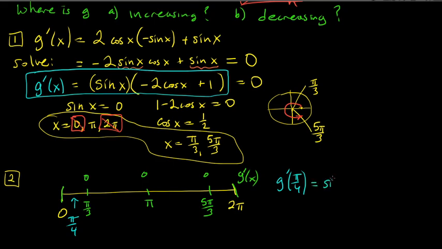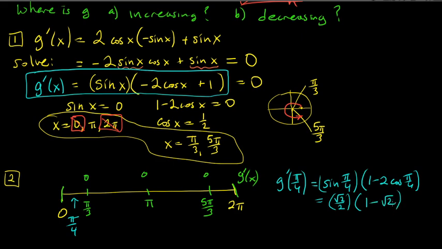So let's see, what do we get? We get sine of pi over 4 times 1 minus 2 times the cosine of pi over 4. We know sine of pi over 4 is positive, just square root of 2 over 2. Cosine of pi over 4 is also square root of 2 over 2. But then when you multiply by 2, you just get 1 minus the square root of 2, which is definitely negative.